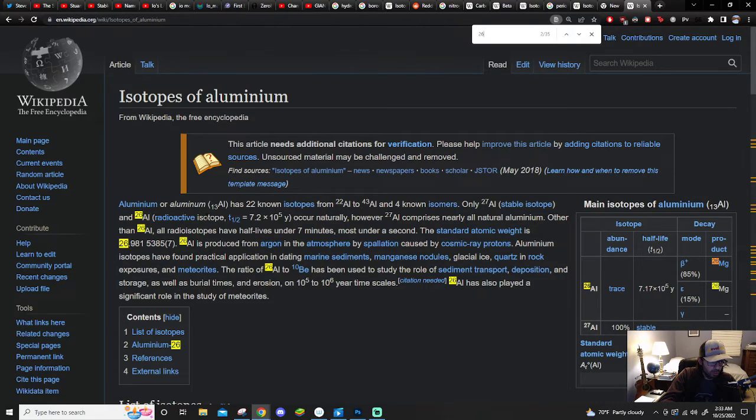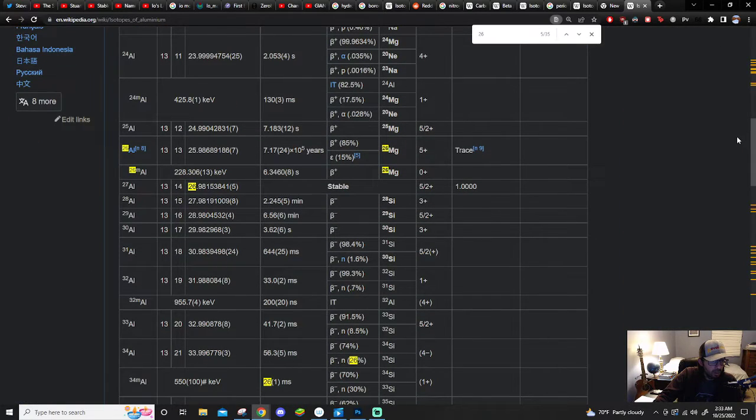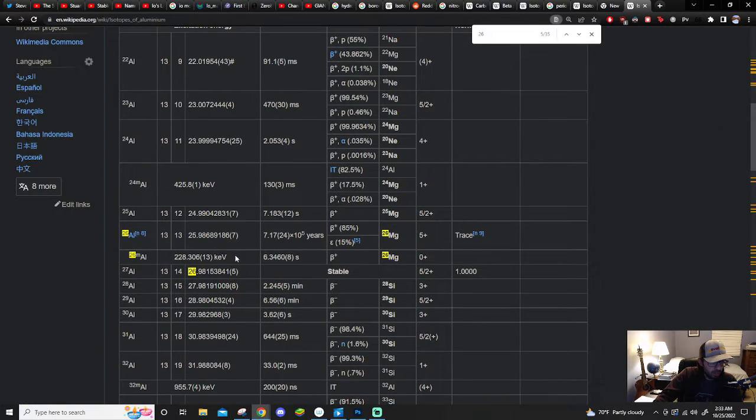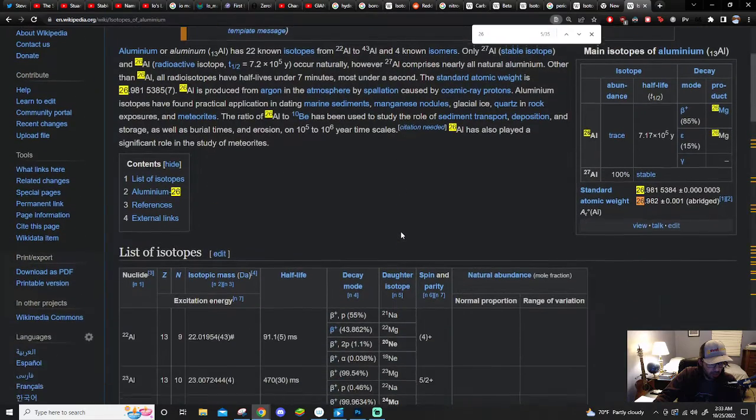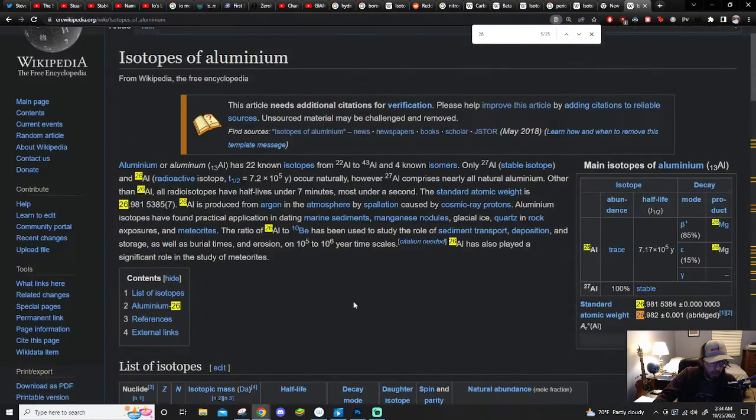Aluminum isotopes have found practical uses. Its decay product is probably magnesium 26. Okay. Aluminum 26 decays into magnesium 26.